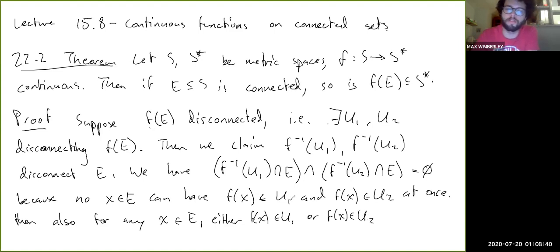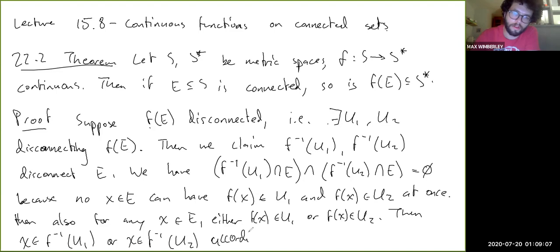It has to be in at least one of them because U1 and U2 cover the original set F of E. So F of X is in F of E, which means it has to be in one of the two sets. Then that means that X is in F inverse of U1 or X is in F inverse of U2 accordingly, right? So this shows that F inverse of U1 and F inverse U2 cover E itself, right?